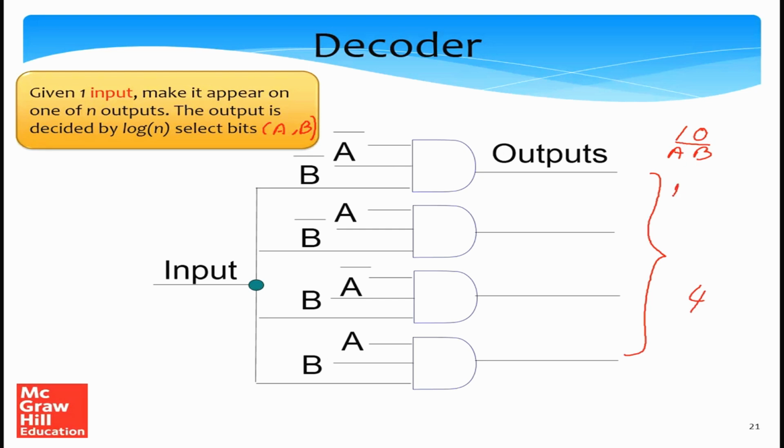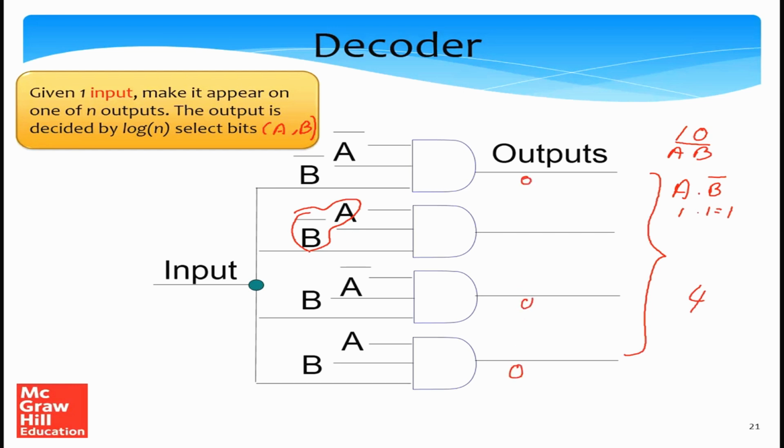A is 1 and B is 0, so A B bar is true. 0 complement is 1, so 1 dot 1 is equal to 1. So this particular combination is true. The rest of the combinations are false. Since the rest of the combinations are false, the output that you get is 0, 0, and 0.